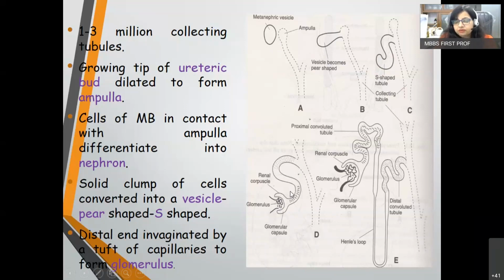And this further undergoes convolutions to form the nephron as a whole, forming the PCT, Henle's loop, and DCT. And then it enters the collecting tube. So this is how the kidney is formed. It is very important that when the ampulla comes in contact with the metanephric blastema, only then the changes will take place. Otherwise, the changes will not happen. Fine.